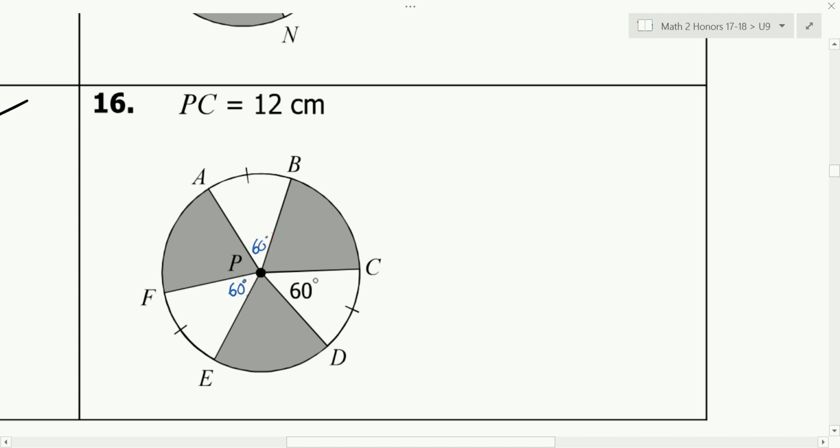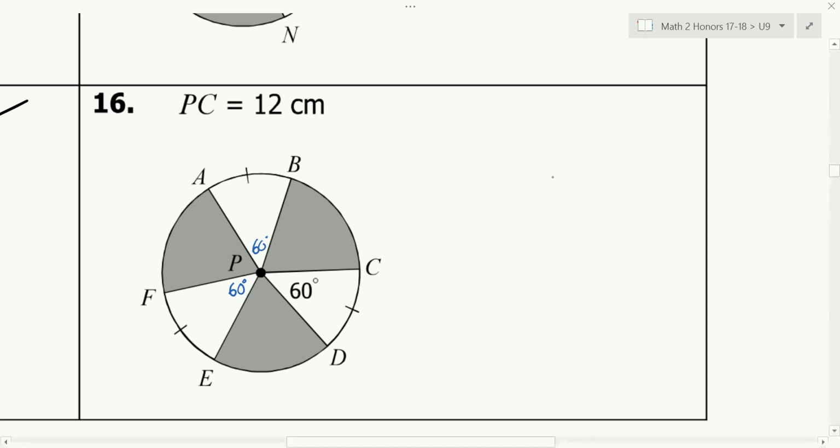Okay. It looks crooked to me. Doesn't look like a diameter to me. It's kind of bent, you know? If you go from E to P, it bends a little bit there. It doesn't look straight to me. Okay.